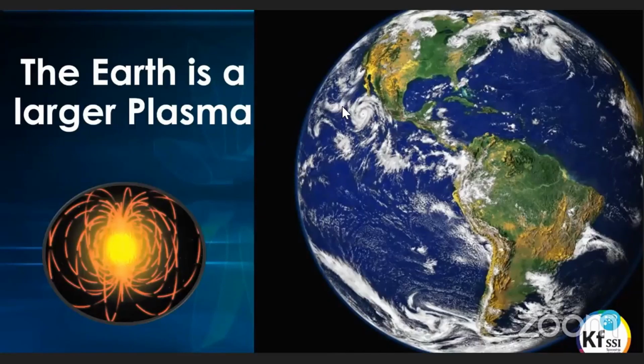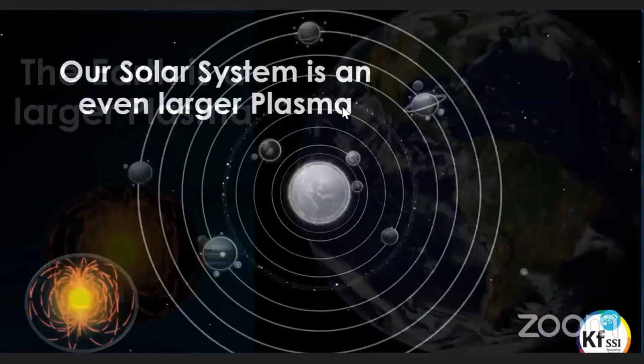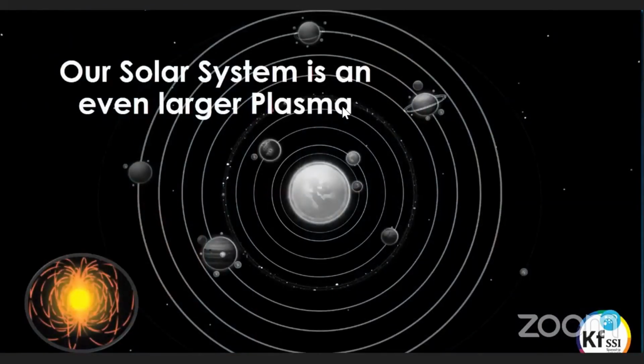The solar system in which we have our sun and Earth and all our planets is just another larger plasma that we have to view. And we see our sun and our Earth and the other planets are also just interactions of fields at certain distances within our solar system.